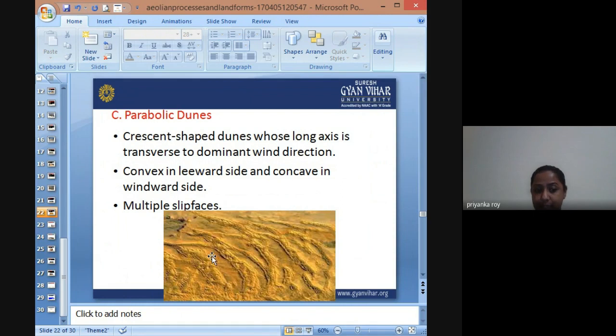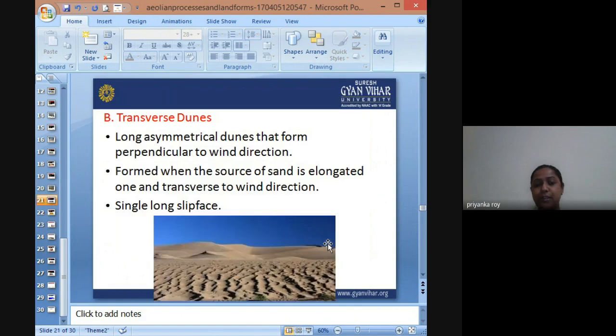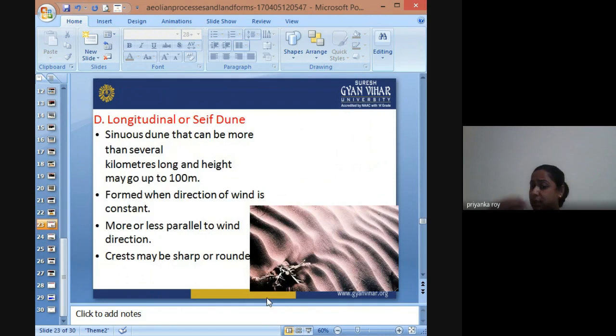Why? If you see very carefully in this image, they are not smooth like barkhans. Barkhans have a smooth ending, but this does not have smooth concave or convex edges. So it has multi-facet dunes along the predominant flow of the winds.